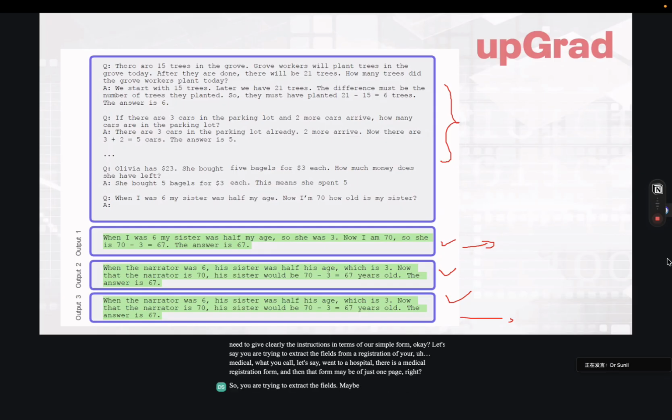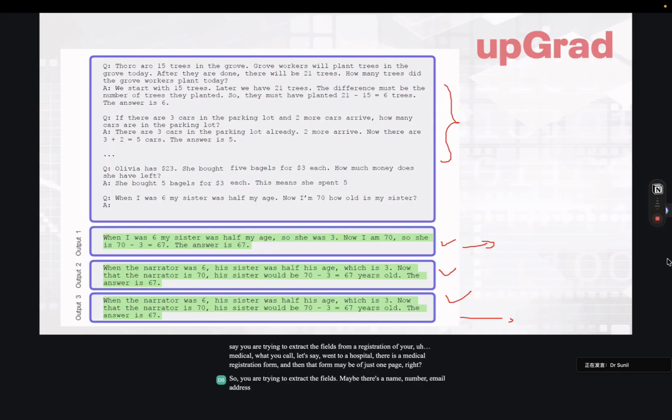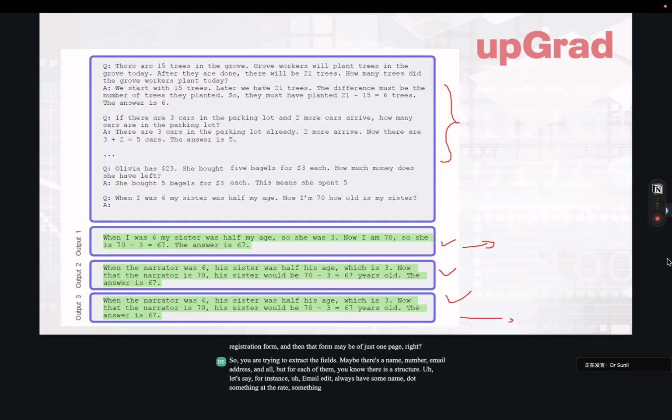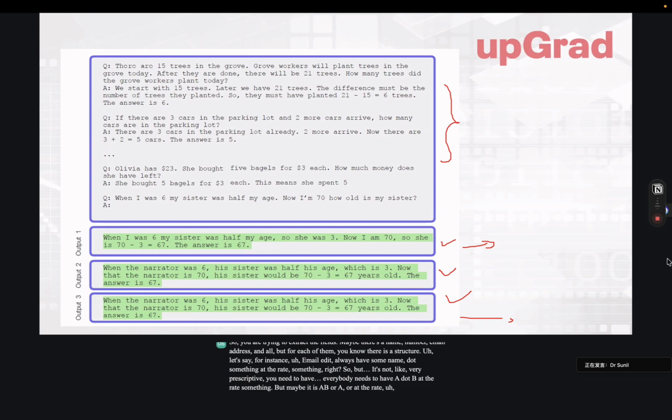Maybe there's a name, number, email address, and all. But for each of them, there is a structure. Let's say, for instance, an email ID always has some name, dot, something, at the rate, something, right? But it's not very prescriptive. It's not that everybody needs to have a dot b at the rate something, but maybe it is ab or a at the rate, whatever, dot com or dot net, right?